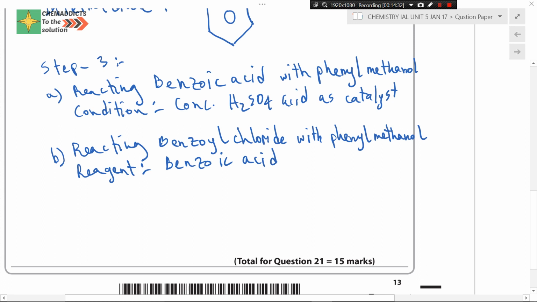Benzoic acid was present in the first place, we are just adding PCl5. The first reagent would be benzoic acid and the second reagent would be PCl5. Then we get benzoyl chloride, which reacts with phenyl methanol to give the ester.